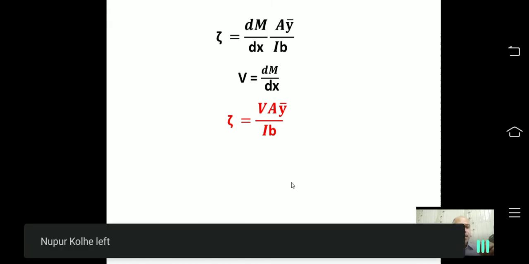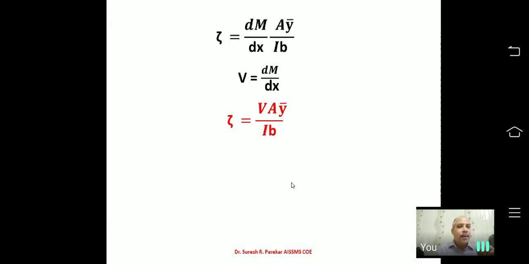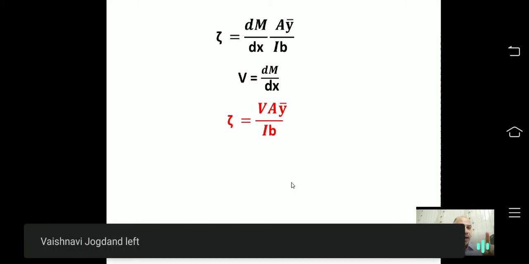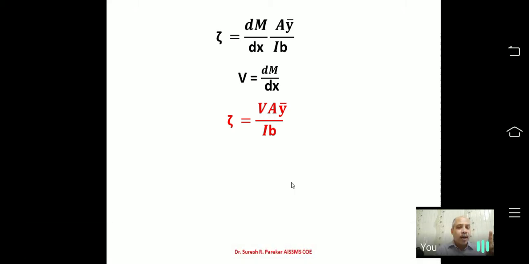And as tau is proportional to y square, we have polynomial function as 2. So try to understand the comparison. First we have the formula, second the polynomial function: for bending stress, a linear line, and for shear stress, we have a parabola.